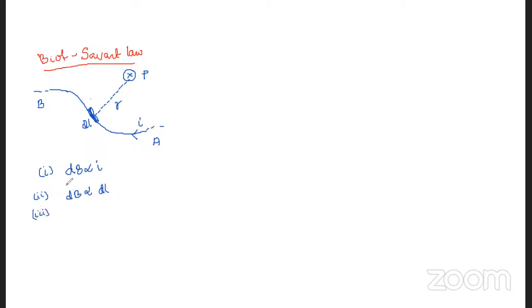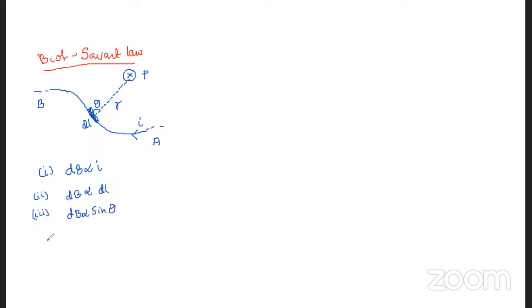And another one is it is directly proportional to the sine of the angle theta between the length of the element and the line joining the element to the point P. So this is the length of this element and this is the line joining this point P here. So dB is directly proportional to sine theta.